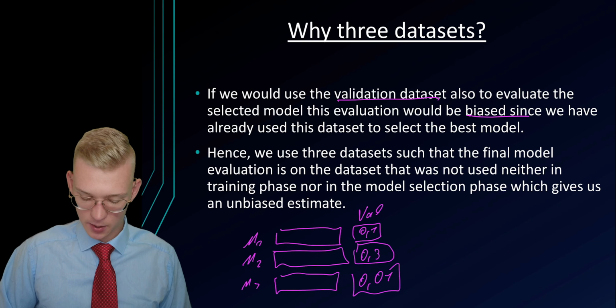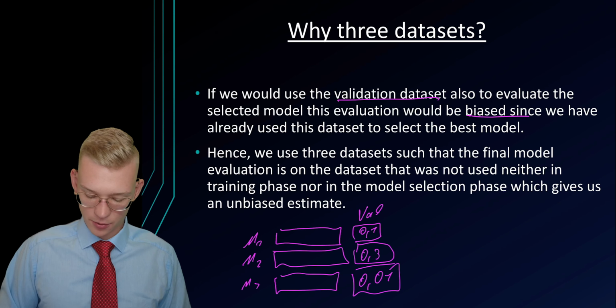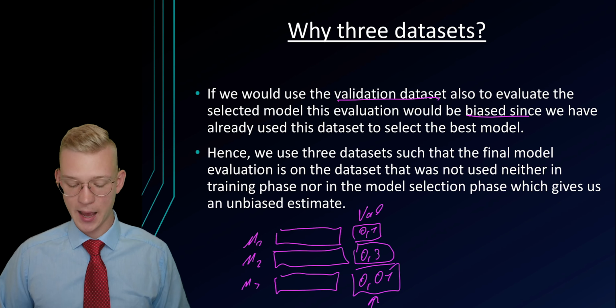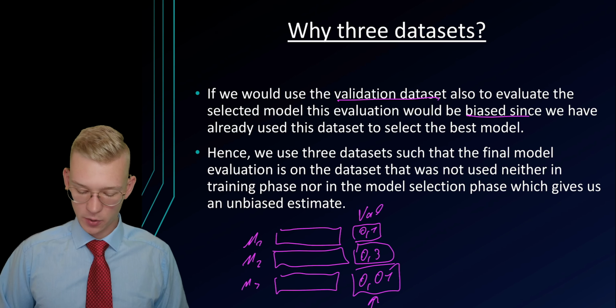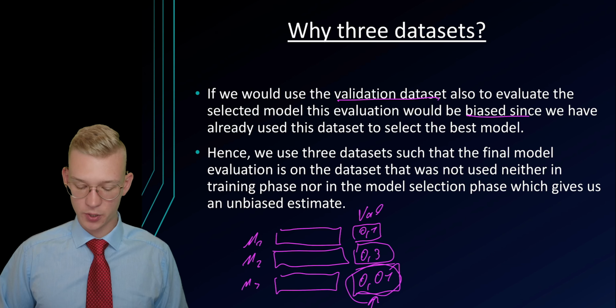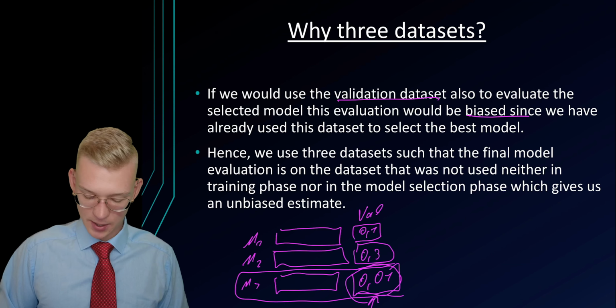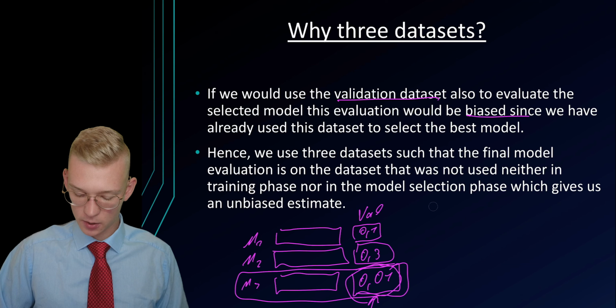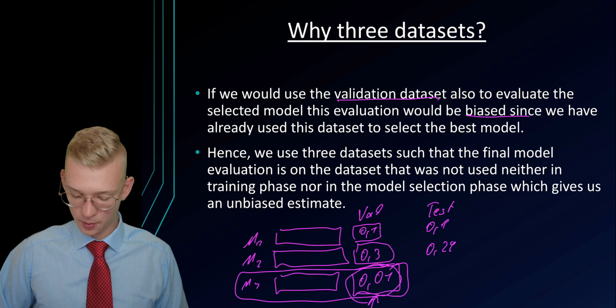So we see that on the validation set, our model 3 is the best one because it has the lowest error. But this is not a true representation because we select this model then and use it on the test set. And we will see that we get a 0.1, we get a 0.29, for example, and here we get a 0.05.